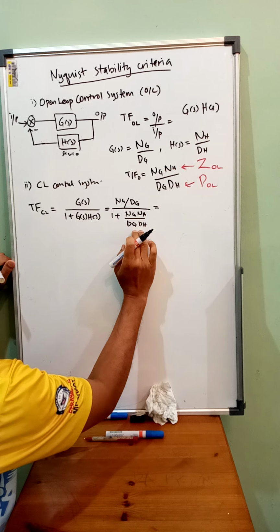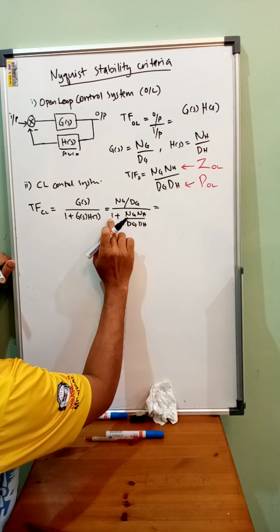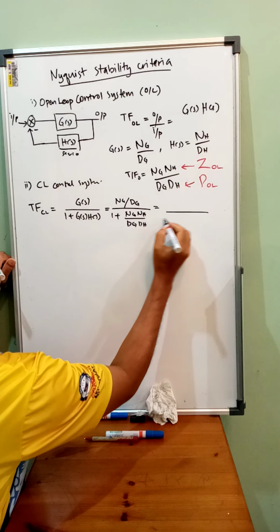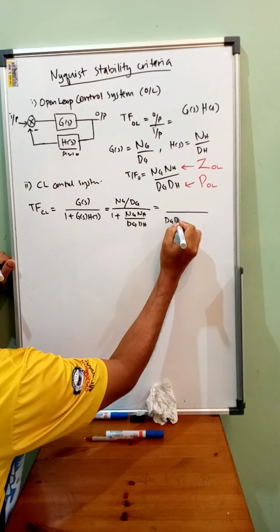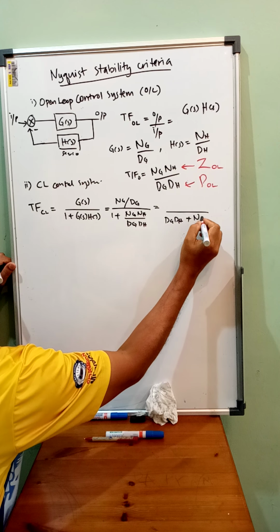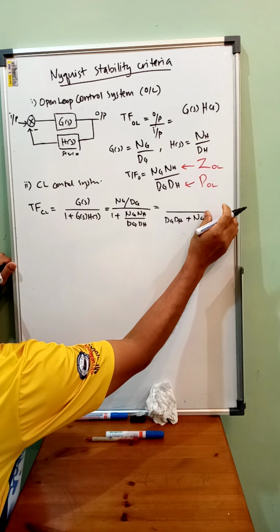Bringing this term here, NG over dG times dG dH over the bracket, gives NG dH over dG dH plus NG NH.